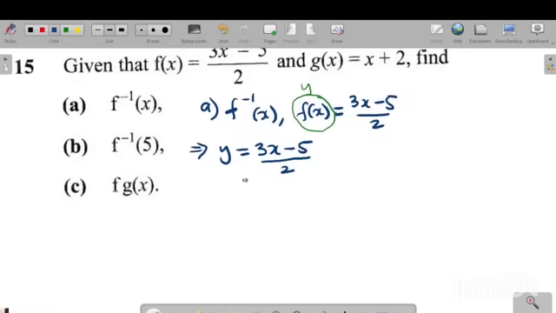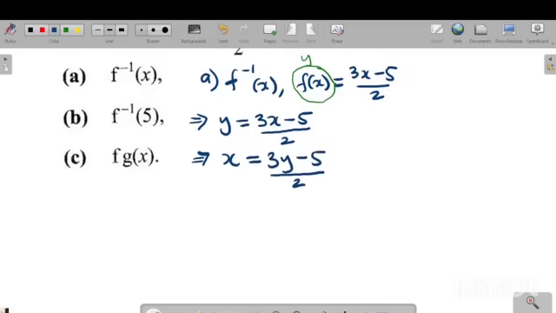After doing that, the next step is to swap y with x and x with y. What I mean is you exchange y with x and x with y. So where there is y, you are going to put x. So you are going to have x is equal to 3. Where there is x here, I'm changing it to y minus 5 over 2.